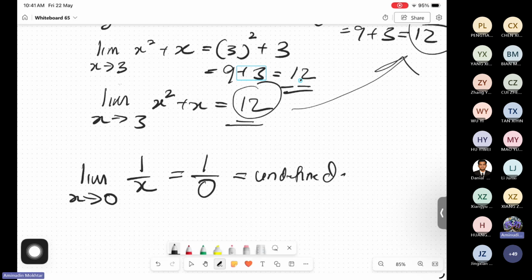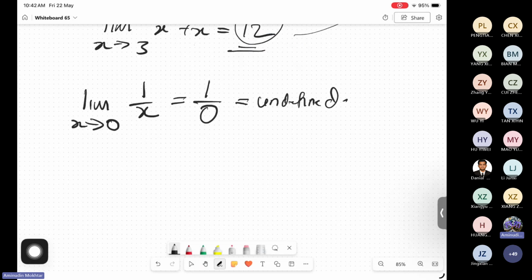Now in this case, undefined is not the answer. We need to refer back to the concept of limit. We need to choose numbers as x approaches 0 from the right and from the left.